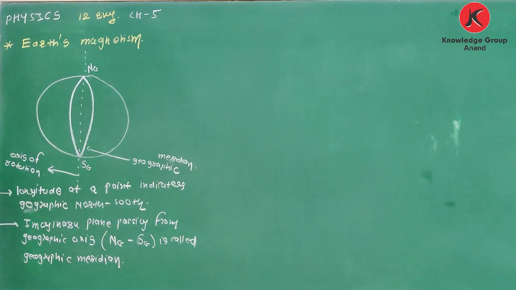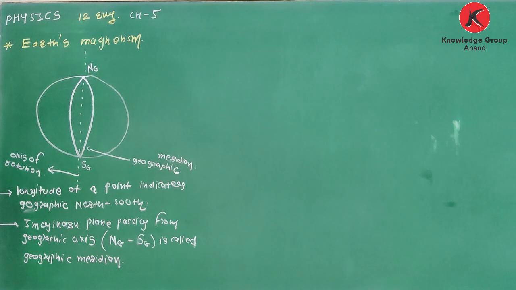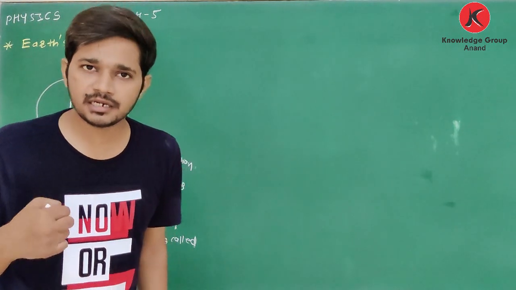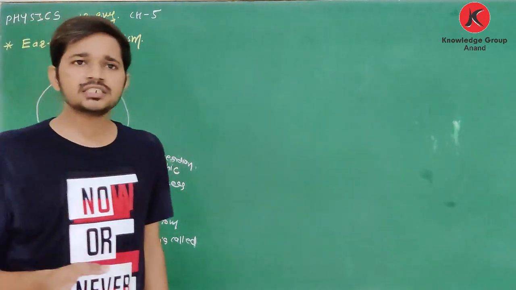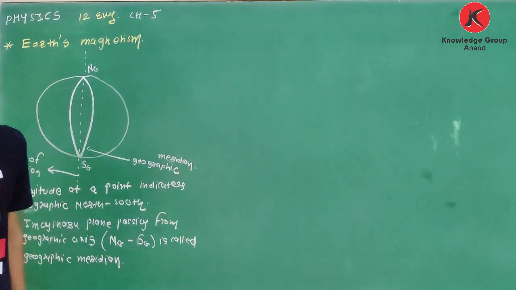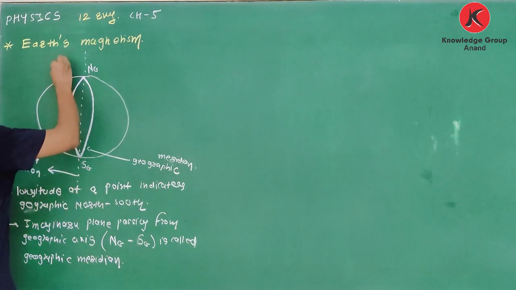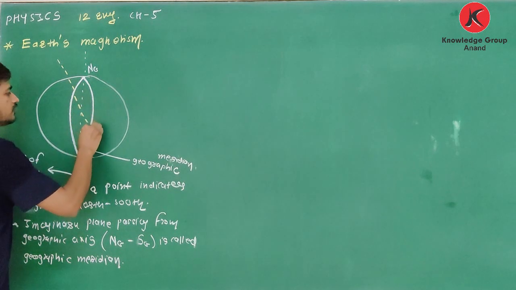Now we know that Earth behaves as a magnet. So we can compare it with a hypothetical magnetic needle, a hypothetical magnetic dipole. We can compare Earth's magnet to one hypothetical magnetic dipole, and its axis, we know, does not coincide with the axis of rotation.